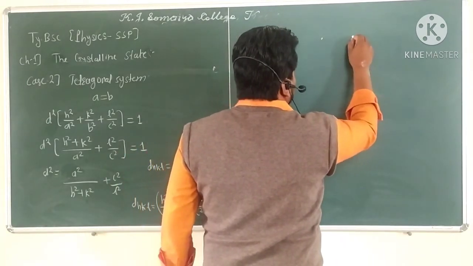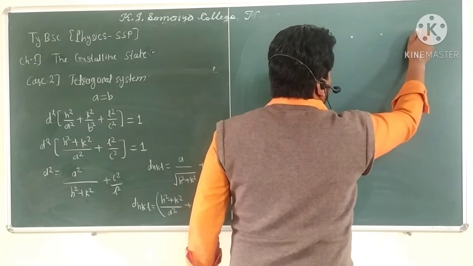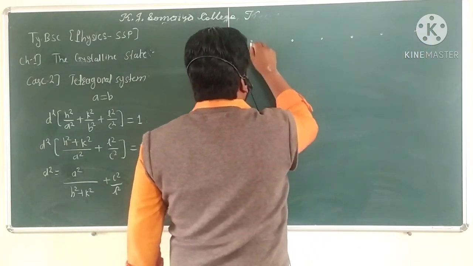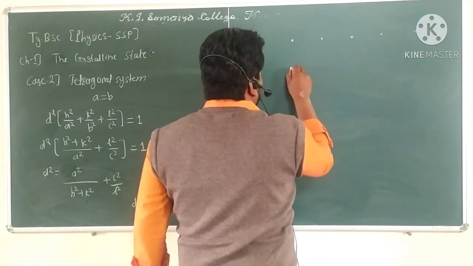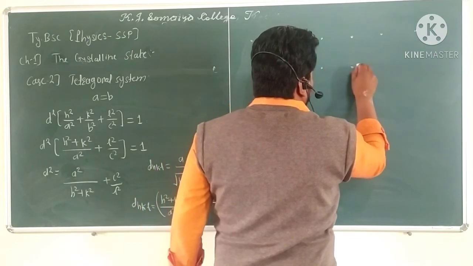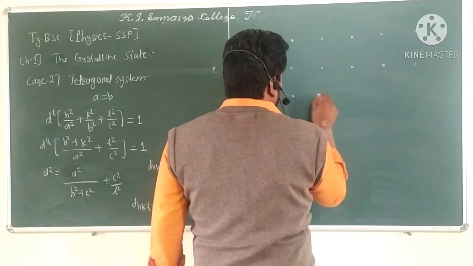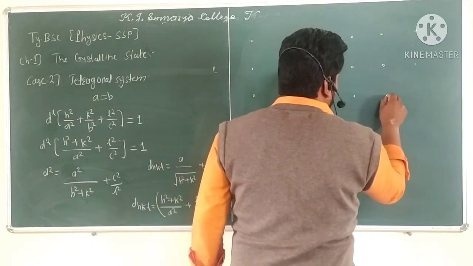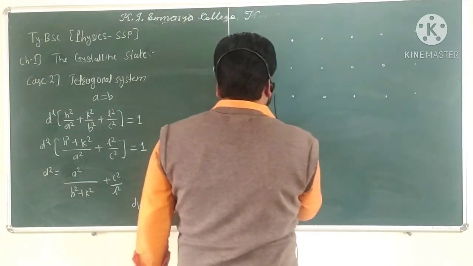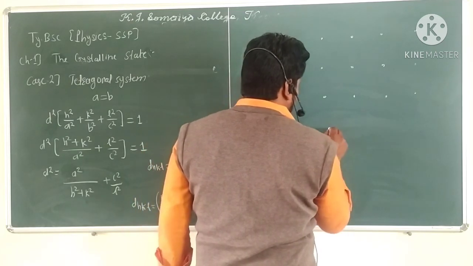These are the lattice points oriented on the plane, and the figure shows the direction of the Miller indices point. So how it is considered is here.